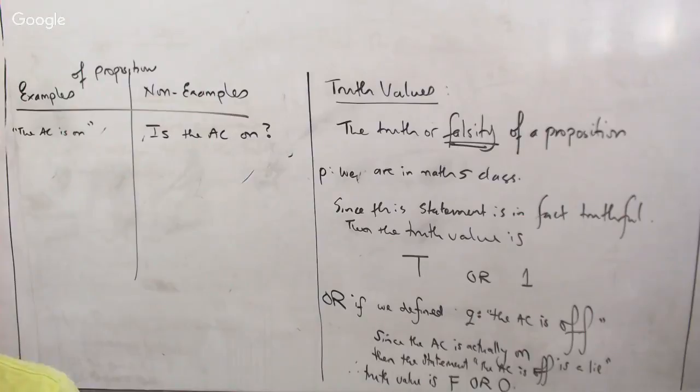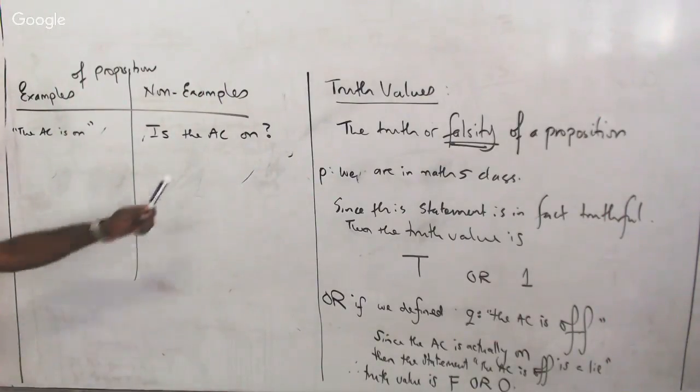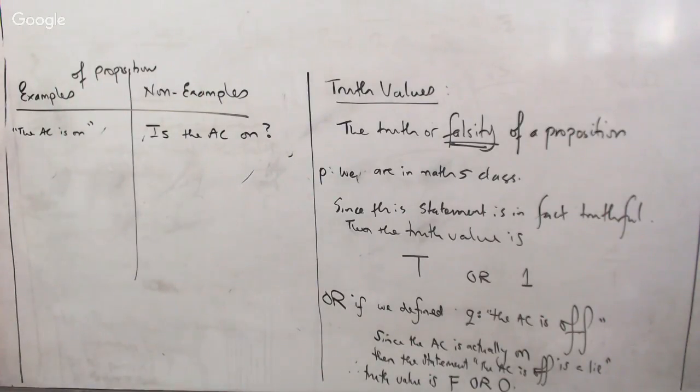That makes sense? So a question doesn't declare anything. A question asks somebody to declare something. Clear? That's important. That's the primary non-example that you'll see in multiple choice questions. Fair enough?